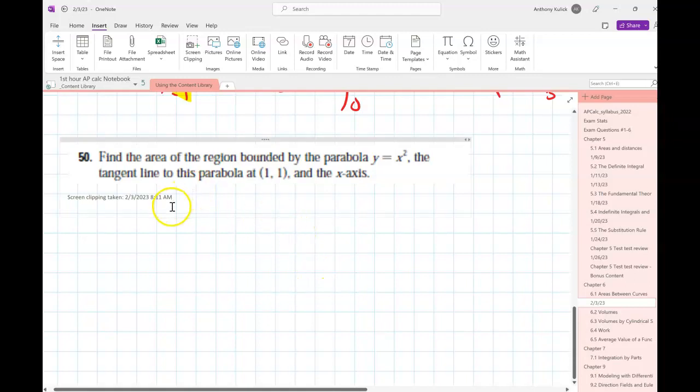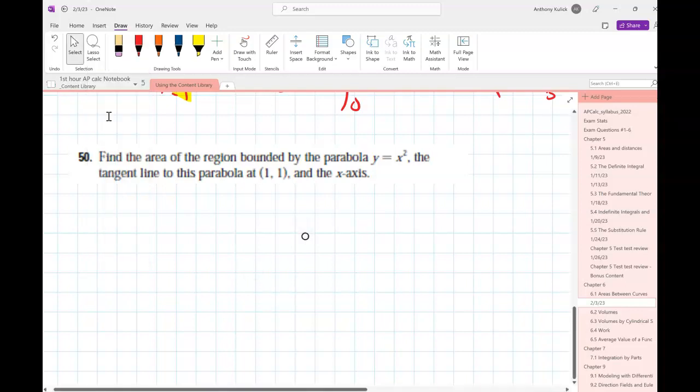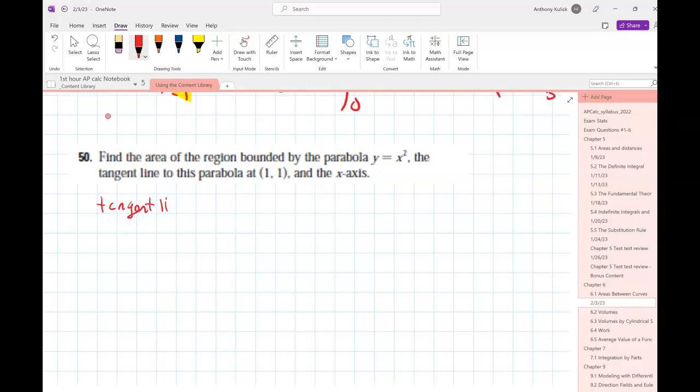So find the area of the region bounded by the parabola y equals x squared, and the tangent line to the parabola at the point 1, 1 and the x-axis. Okay, so first thing I'm going to do is find the equation for the tangent line. The slope for that tangent line is going to be the derivative of x squared evaluated at x equals 1.